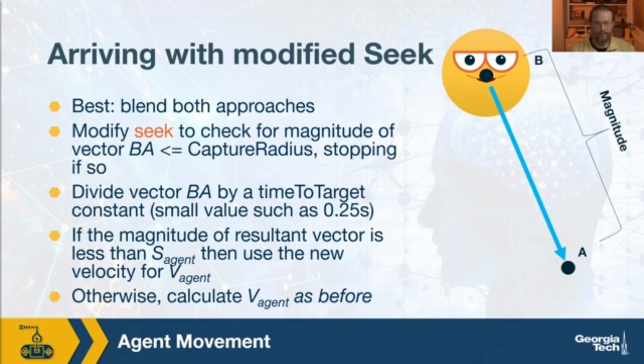The other thing that we'll do is to have the slowdown for arrival. Again, think about how this takes place over multiple frames. So we're going to take our vector BA and we're going to divide that by a time to target. You can think about vector BA as being like a velocity.